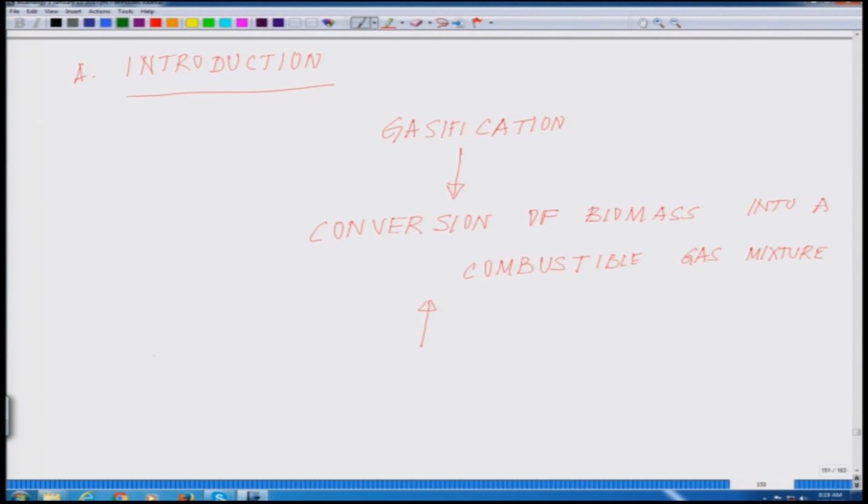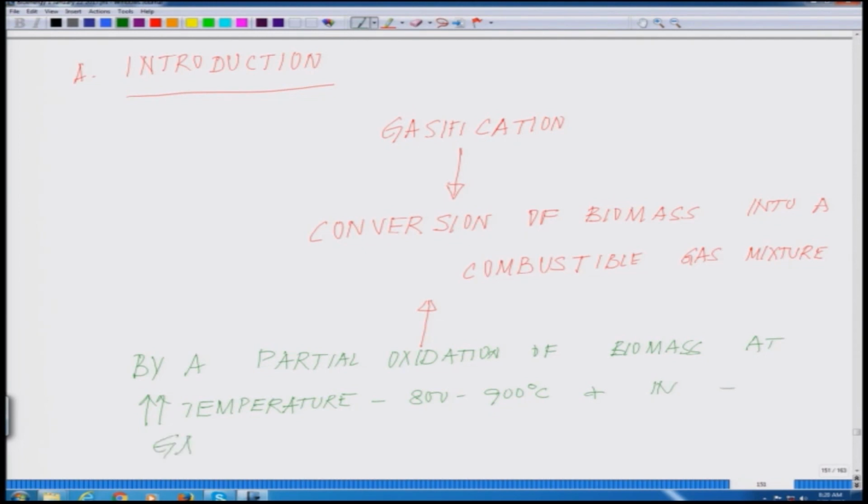The process which is followed is a partial oxidation of biomass at very high temperature, around 800 to 900 degrees centigrade, in a gasification medium.